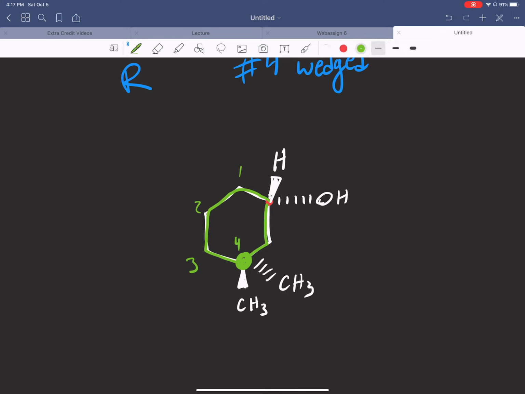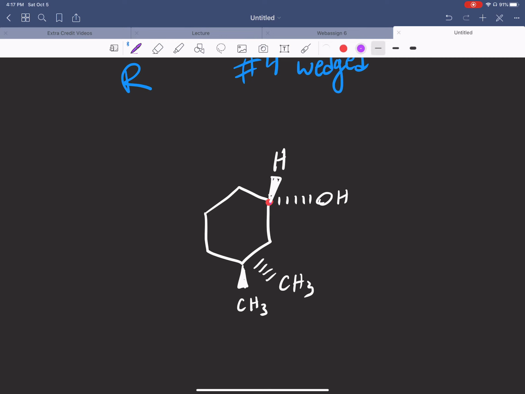Whereas if I went down the right pathway, so this 1, 2, it's going to be at the number 2. So these are different. All right. Even in rings, we can have different substituents. So we established that that's our chiral carbon.